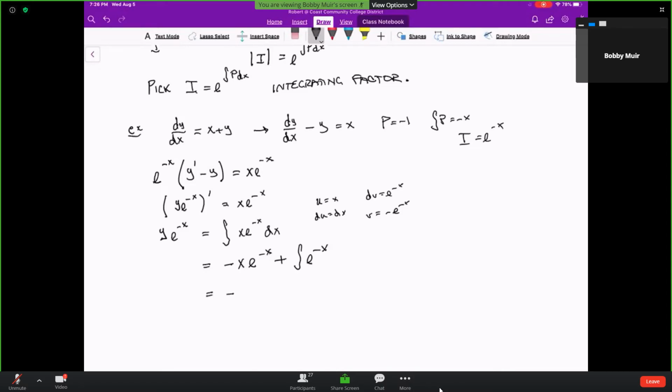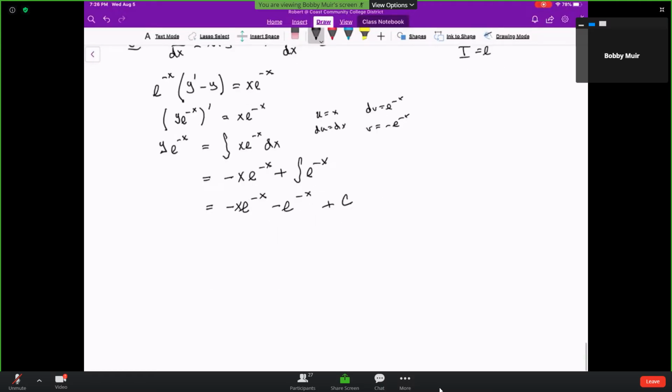So that's going to be negative x e to the negative x minus e to the negative x plus a constant c. And so the y then is going to be negative x minus 1 plus c e to the x.